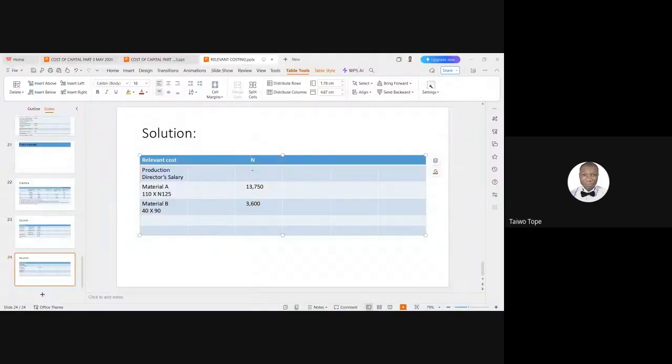So from the question, material B: 40 multiplied by 90, we have 3,600. The other component is 60 components multiplied by 500.